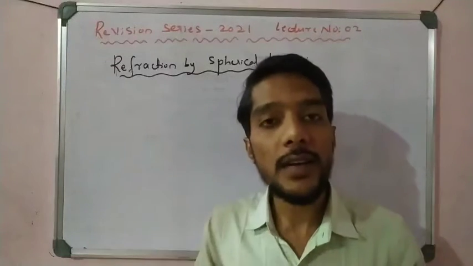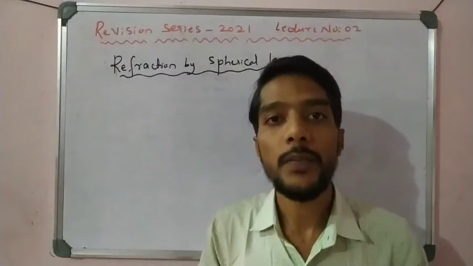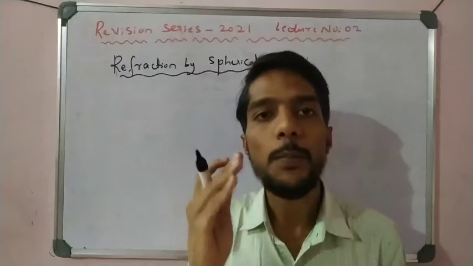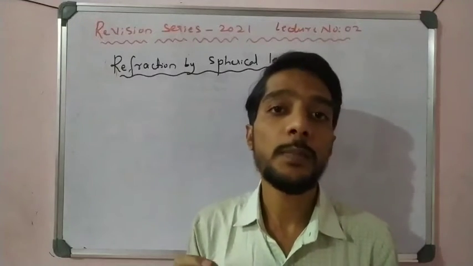And if the refracting surface is in the shape of a sphere, not a total sphere but a part of a sphere, that is called a spherical lens.